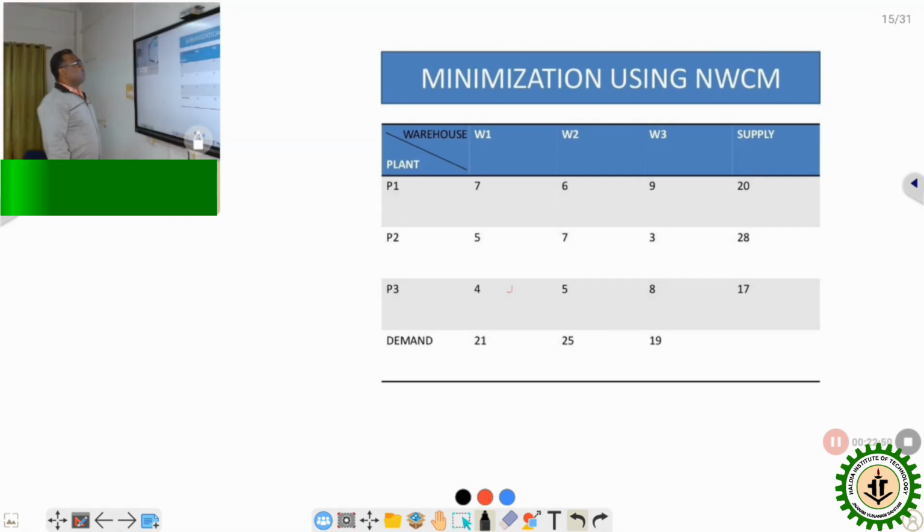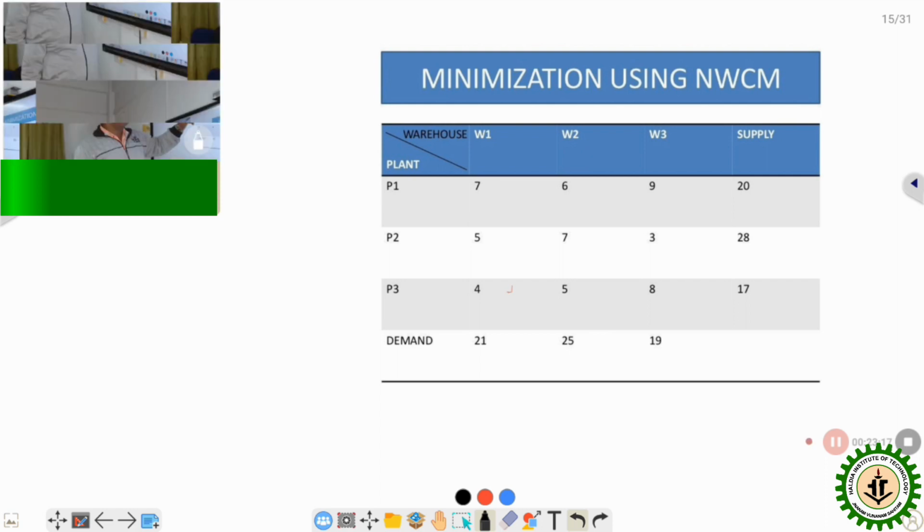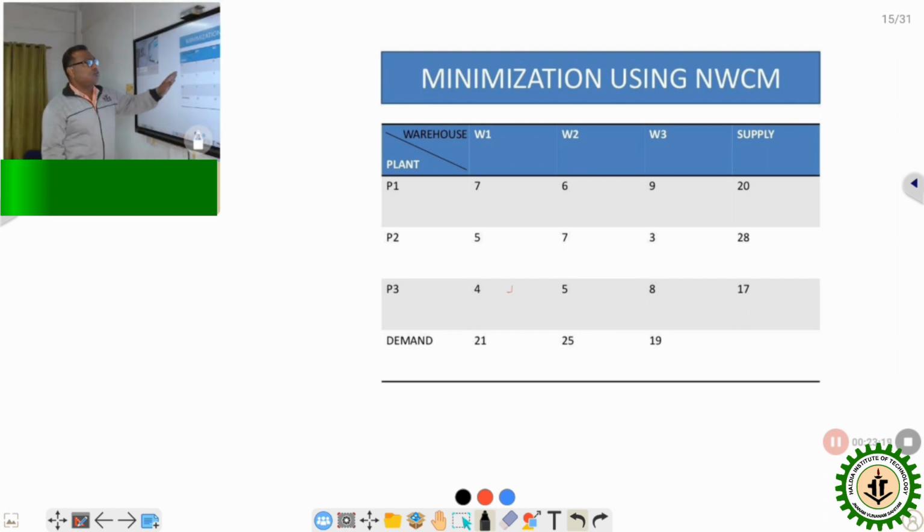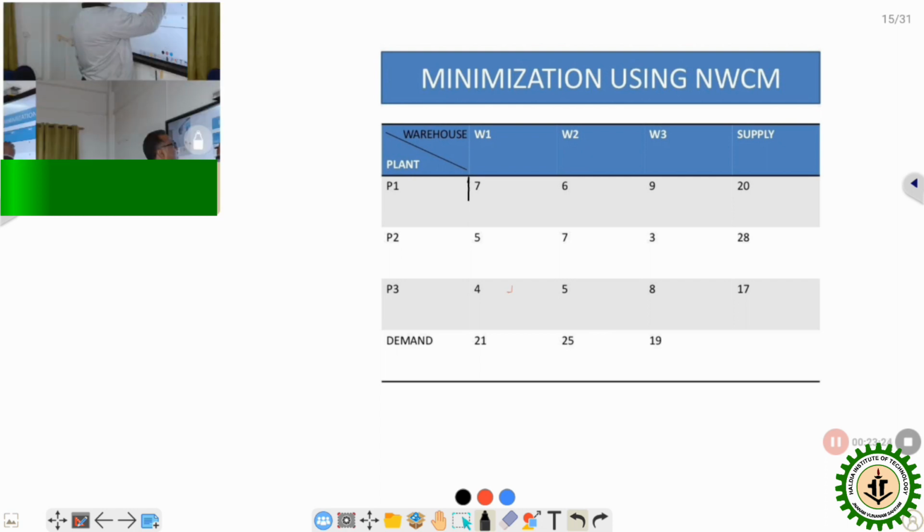I have chosen here three origins and three destinations. To transport one unit from plant 1 to warehouse W1, rupees 7 is the per unit cost. Rupees 6 is the per unit cost to transport one unit from plant 1 to warehouse 2, and so on.